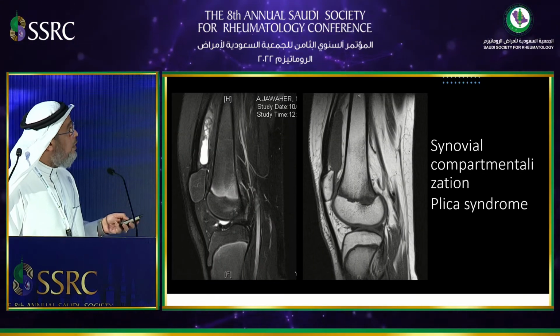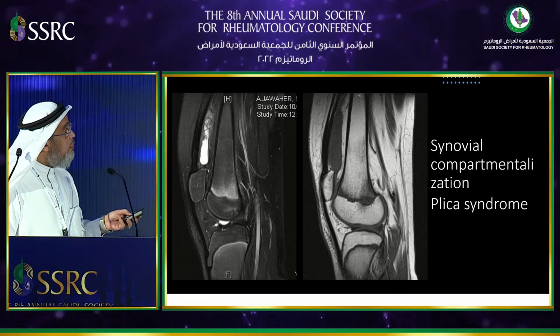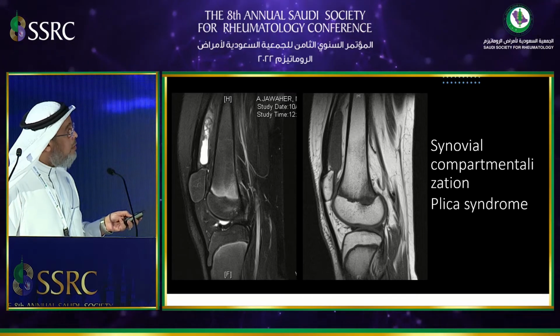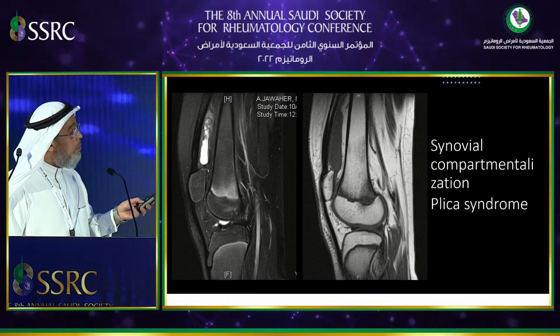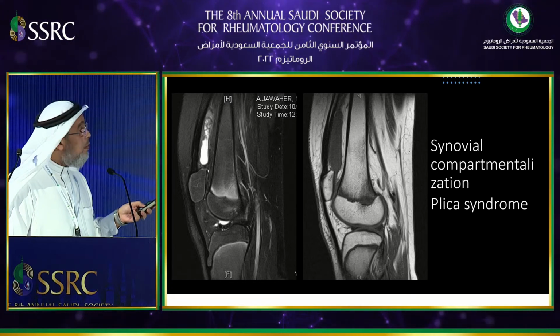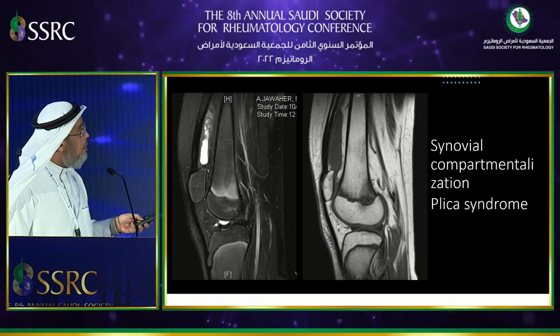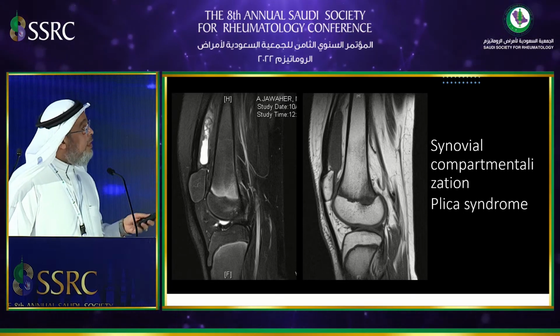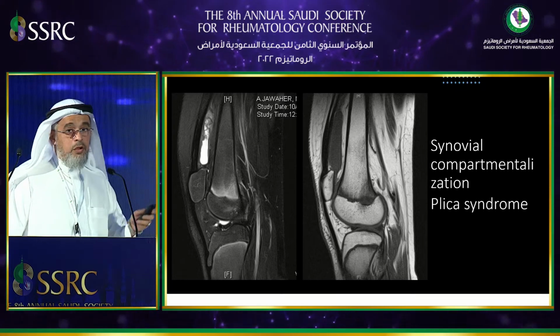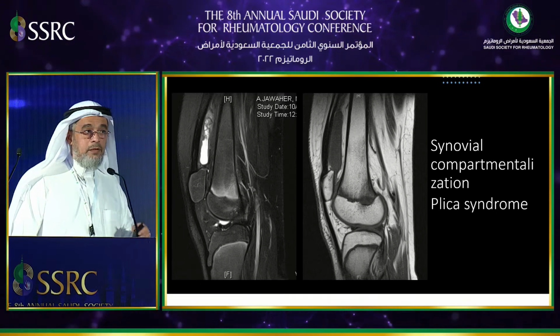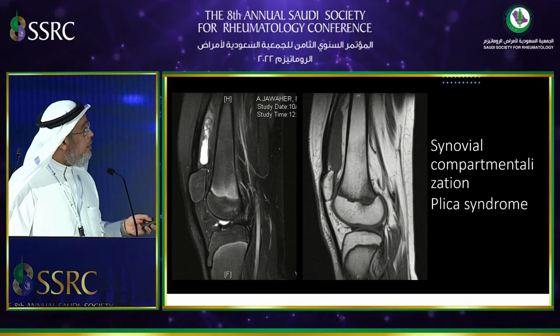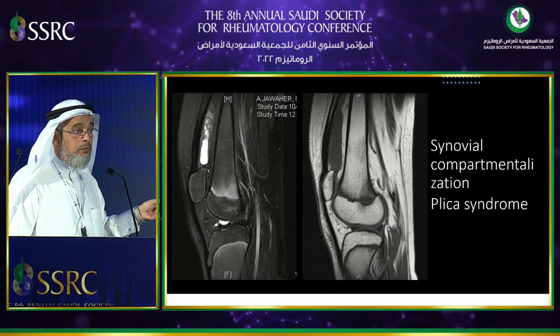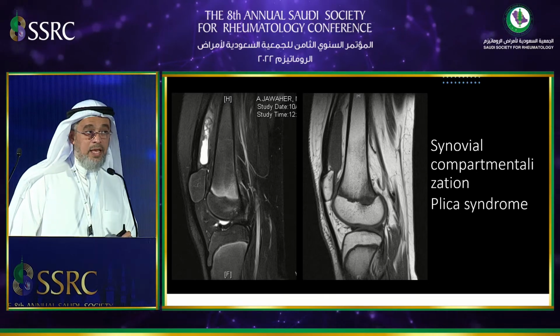What we really have is a synovial plica isolating the superior, suprapatellar region from the inferior region. We know that we have 3 compartments in fetal life. Before delivery, these compartments merge to form one synovial sac.